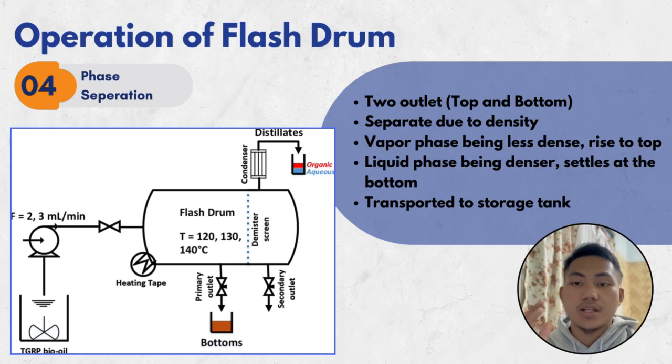Basically, separation occurs due to different density. The vapor phase is less dense, so it rises to the top, and the liquid phase is denser, so it settles at the bottom outlet. Each phase is stored in a different storage tank through a different outlet.